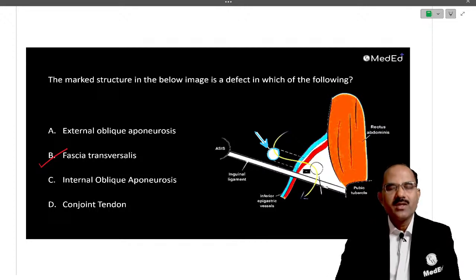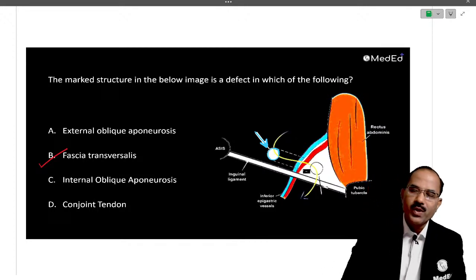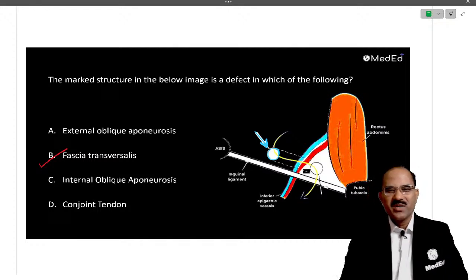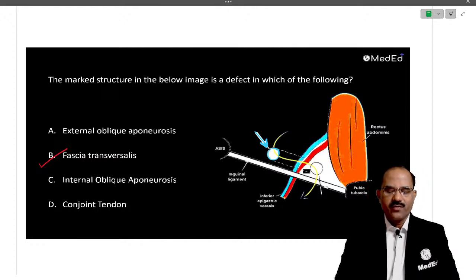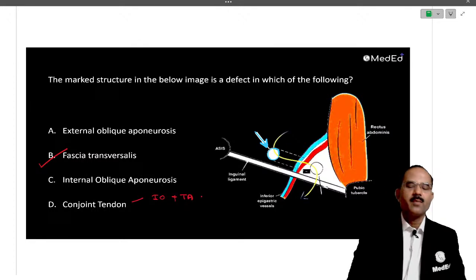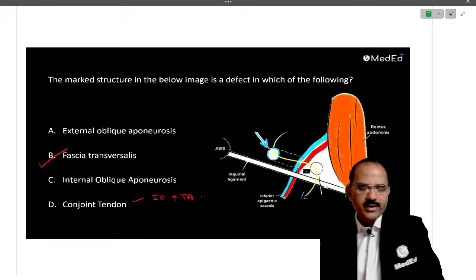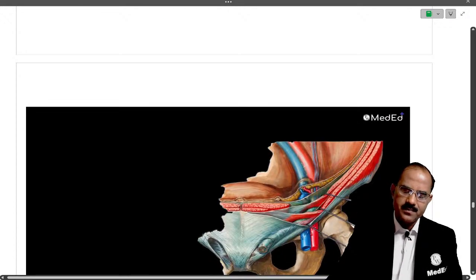The superficial inguinal ring is a defect in the external oblique aponeurosis. What is conjoint tendon? It's the internal oblique plus transversus abdominis.